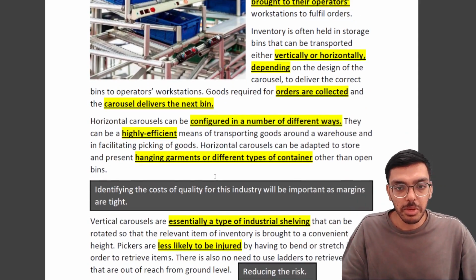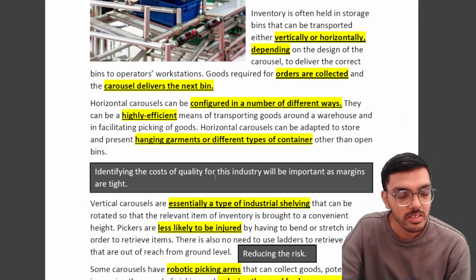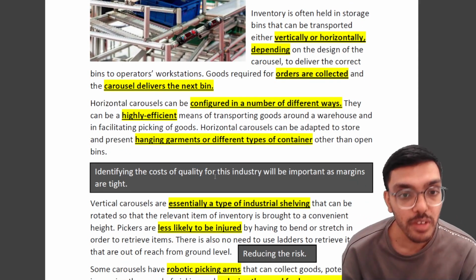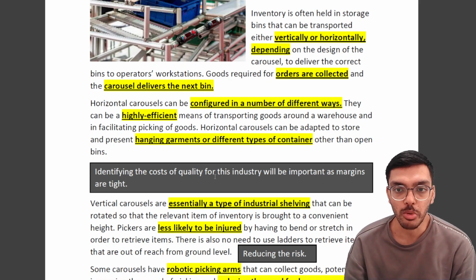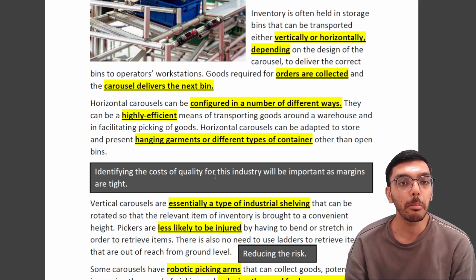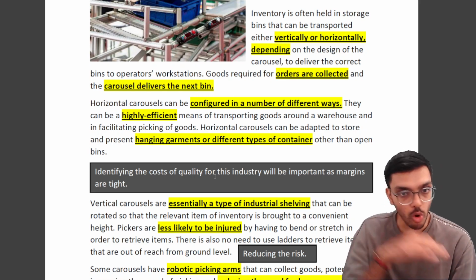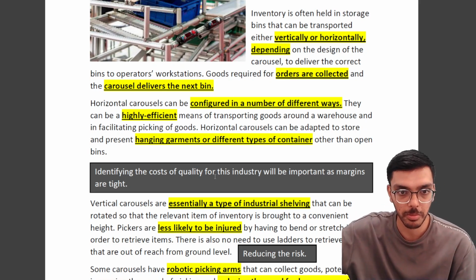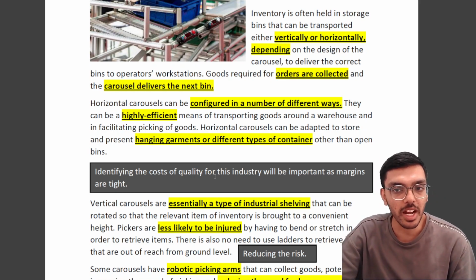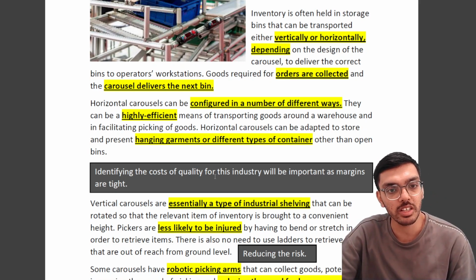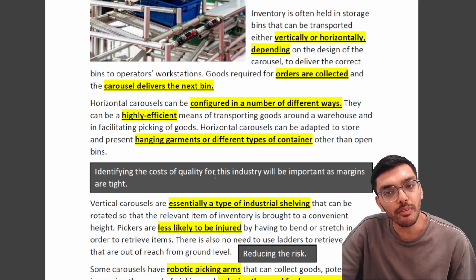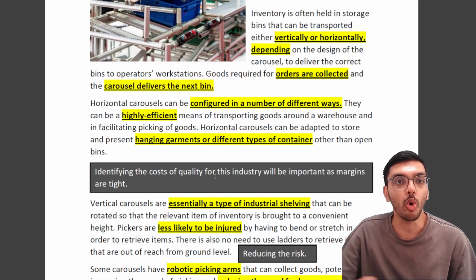Horizontal carousels can be configured in a number of different ways. They can be highly efficient means of transporting goods around a warehouse and in facilitating the picking of goods. Horizontal carousels can be adapted to store and present hanging garments or different types of containers other than open bins.